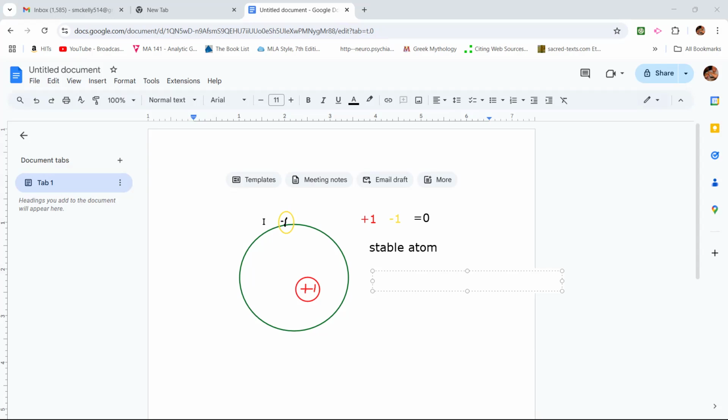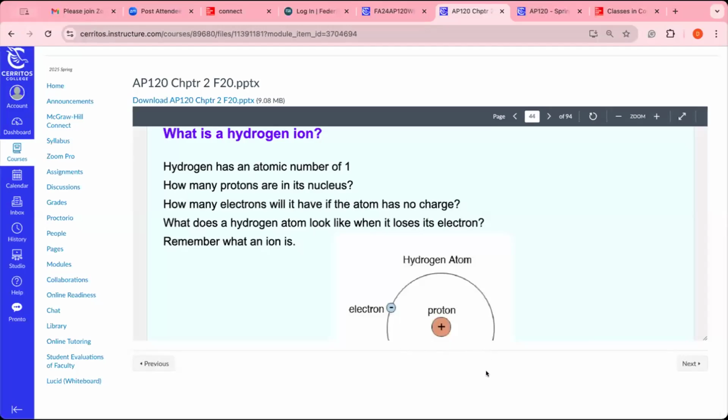I'm going to take a screenshot of that, okay? All right, let's stop sharing. Okay, so hydrogen has an atomic number of 1. How many protons are in its nucleus? 1. How many electrons will it have? If the atom has no charge, it will have 1.